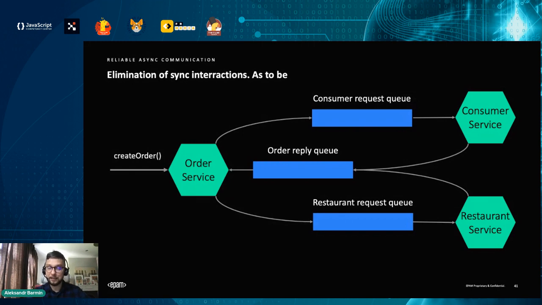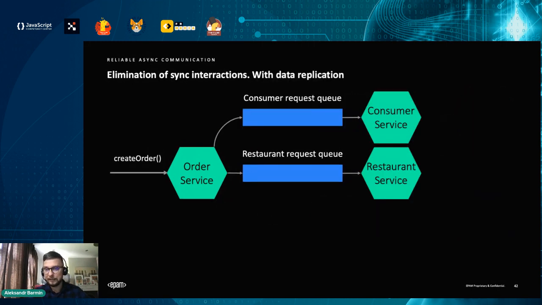And in this case, we would need to sync data somehow. Here we have a couple of options. Obviously, the first option is that we can listen to events and update data, or maybe, as soon as an asynchronous message is received, we can send another call to retrieve all the necessary data.